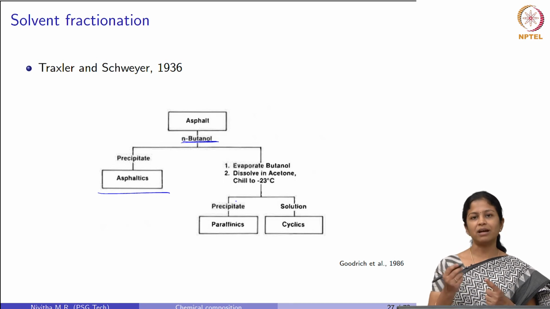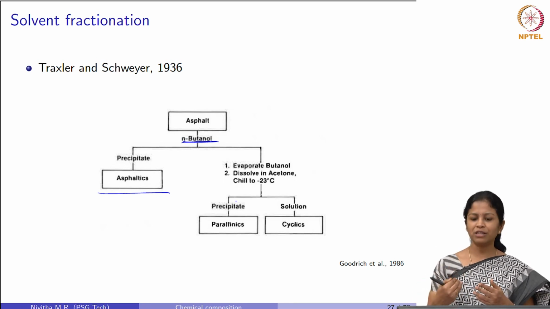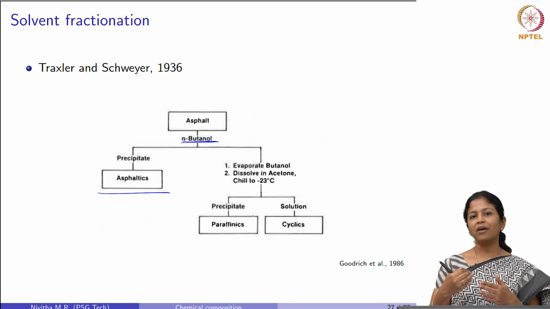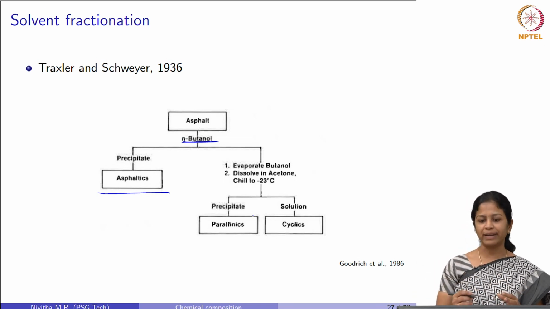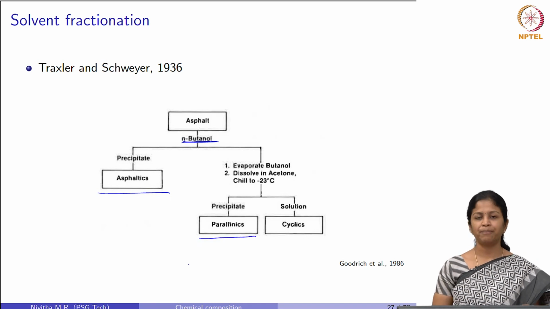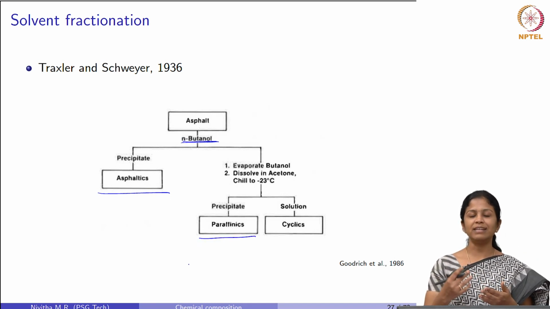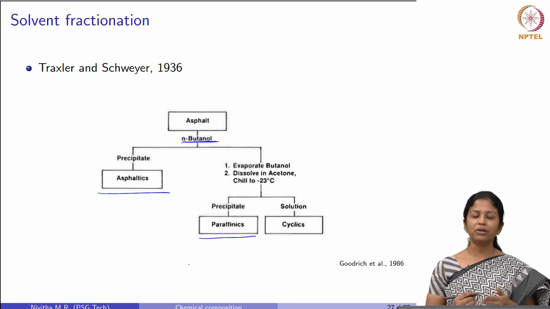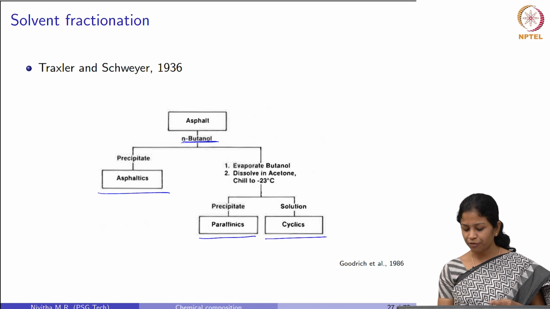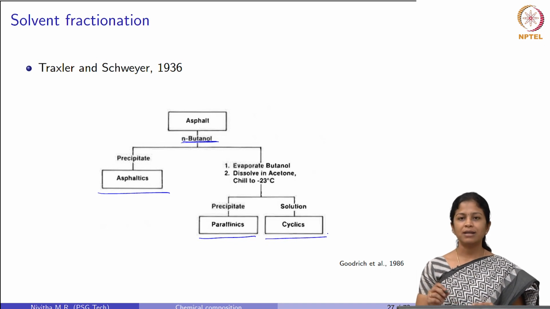After dissolving it in acetone, it is chilled to minus 23 degrees Celsius. Whatever is precipitated is called paraffinics. These paraffinics crystallize and hence precipitate when chilled to sub-zero temperatures. The remaining part in the solution is called cyclics.